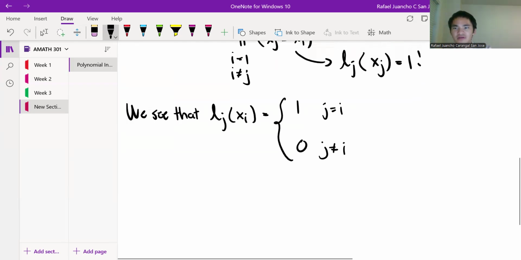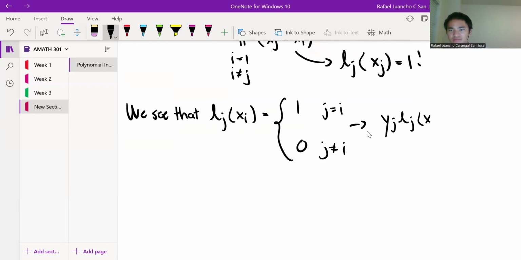And then from there, let me continue. My y value times my Lagrange at x_i is going to be equal to yj as j is equal to i, and 0 if j is not equal to i.